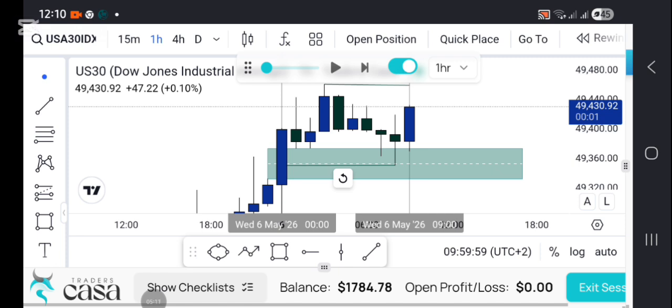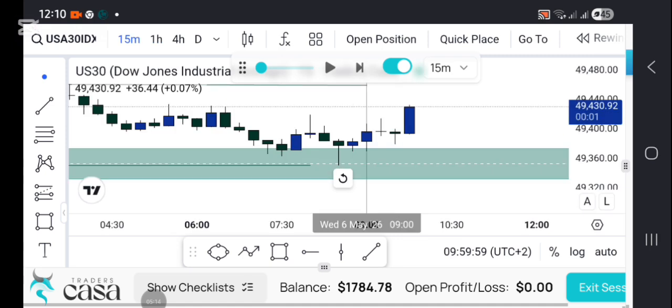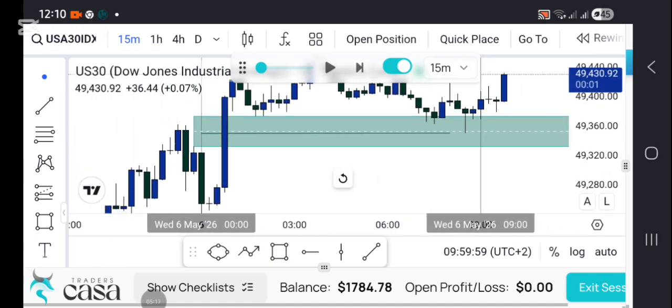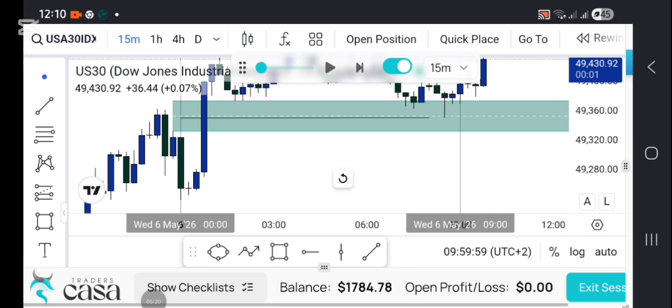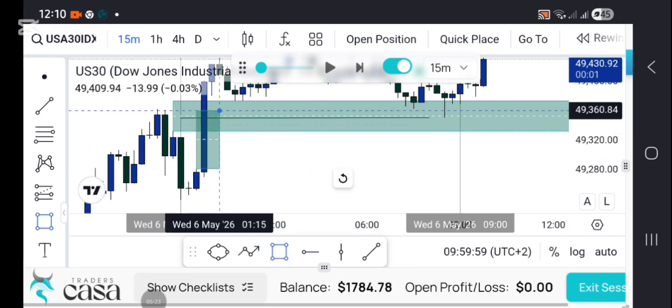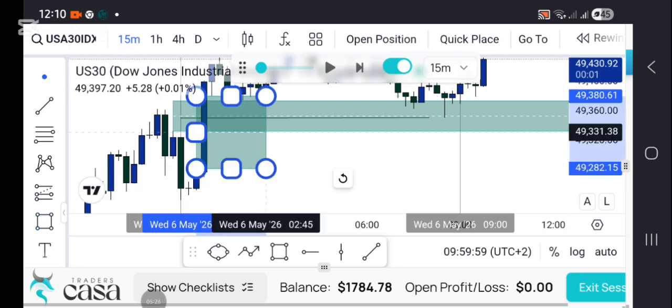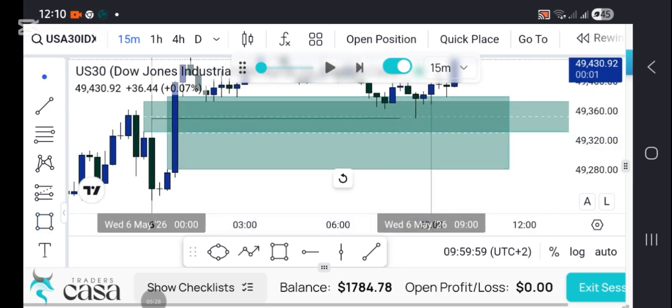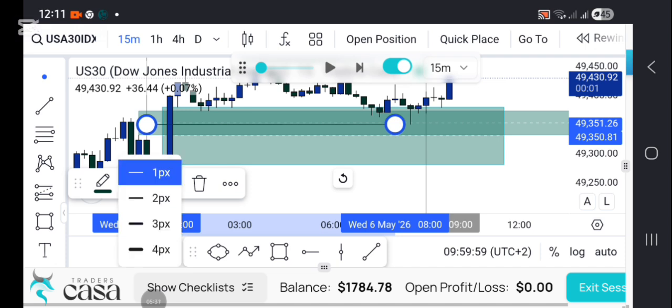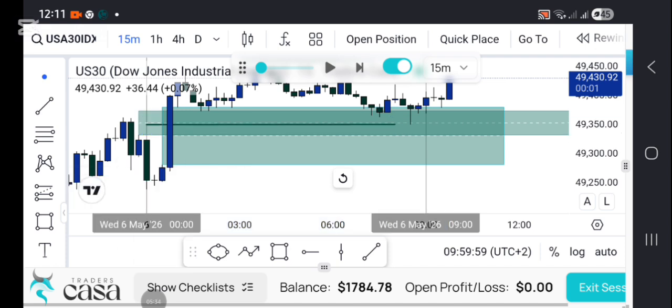So let's go to the 15 minute just to refine it, so that you can see there is a fair value gap within a fair value gap, because as you can see we have this huge fair value gap right there. Just bear in mind, let me make that 2 times bigger so that you can see.